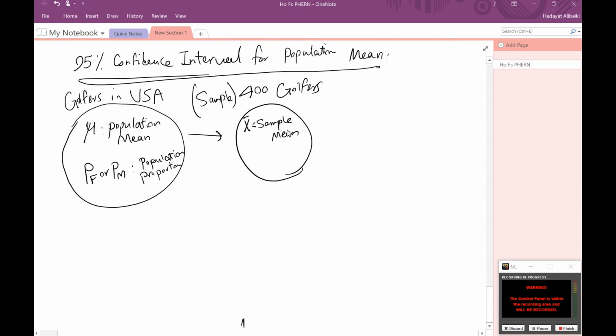And instead of population proportion, we can find an estimate for that, which is P bar F or P bar M, which is sample. So you see this bar? This means sample. Sample proportion of female, sample proportion of male.